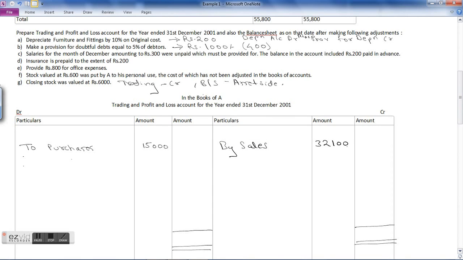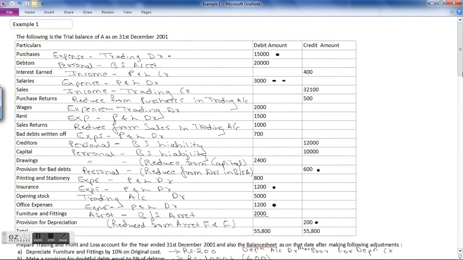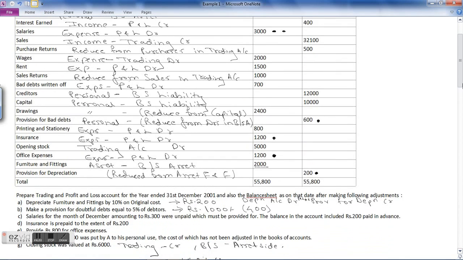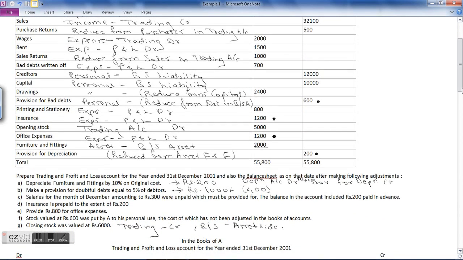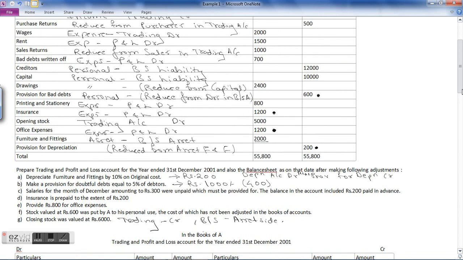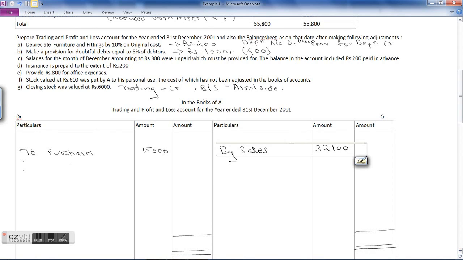Next is purchase returns. Purchase returns, we are reducing from purchases in the trading account. How much is the purchase return? 500. So less purchase returns 500.